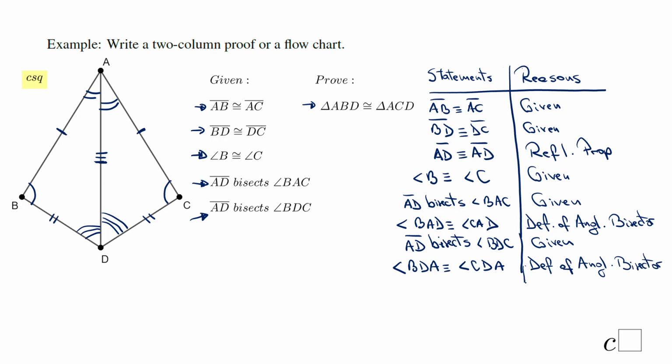So now we have 1, 2, 3 sides, 1, 2, 3 angles. We can say triangle ABD congruent to triangle ACD, and the reason will be the definition of congruent triangles.